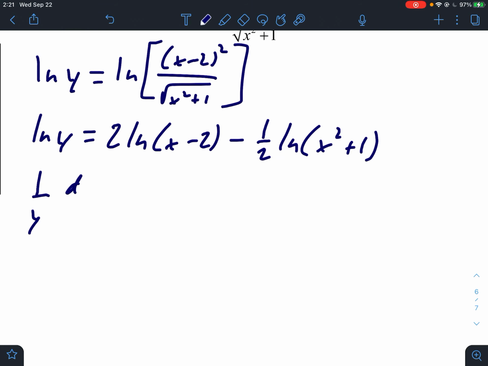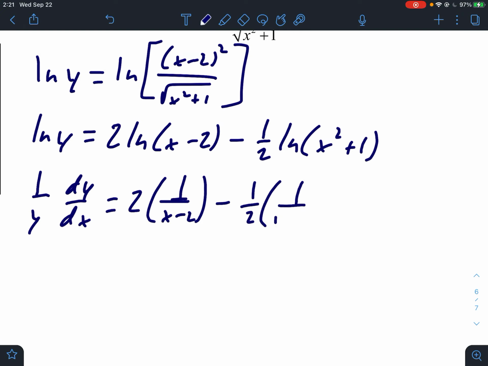The left side, we have 1 over y dy/dx. The right side, we have 2 times 1 over x minus 2, minus 1/2 times 1 over x squared plus 1 times 2x.